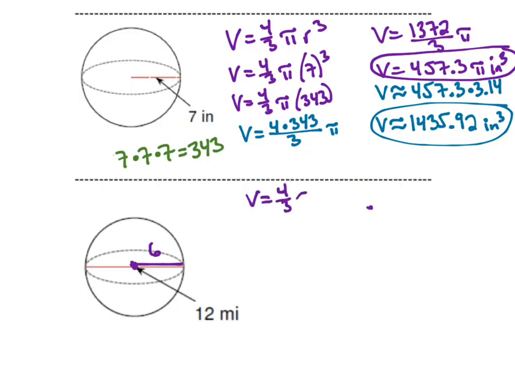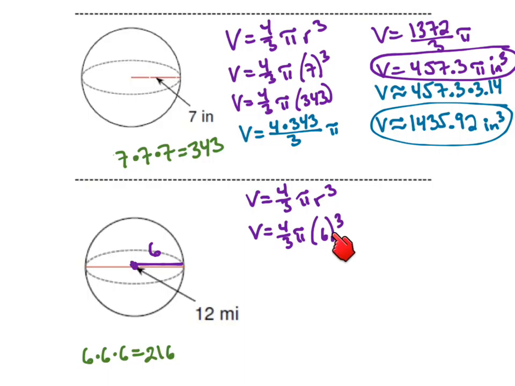Volume equals 4/3 pi r cubed. Plug in 6 for r. Volume equals 4/3 pi times 6 cubed. 6 cubed is going to be 6 times 6 times 6. That's 216. So I'll plug that in now for 6 cubed. I'll get volume equals 4/3 pi times 216.